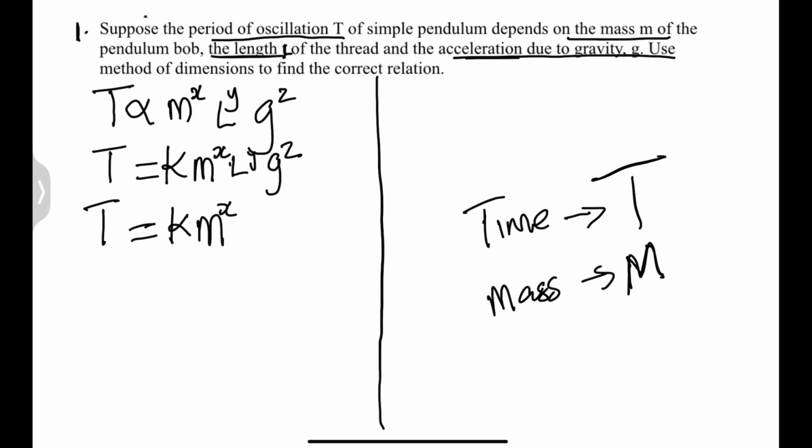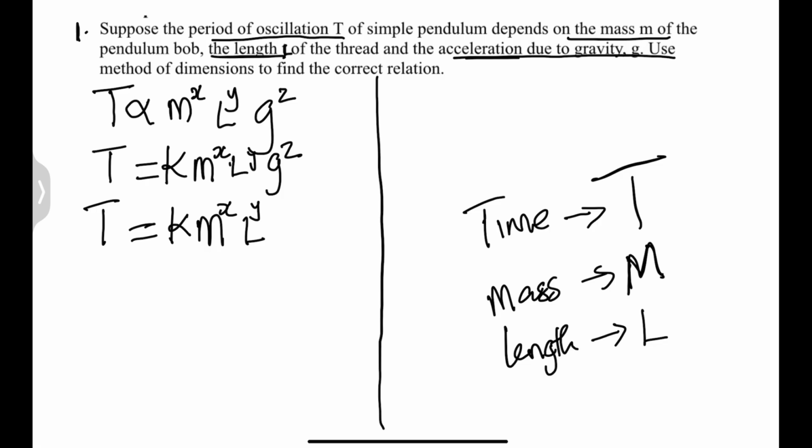Now, the dimension for length is L. Very good. So I will still maintain my L, which is length. So yes, we're on track. Now the only complicated thing is the G. We have seen G in our initial question.